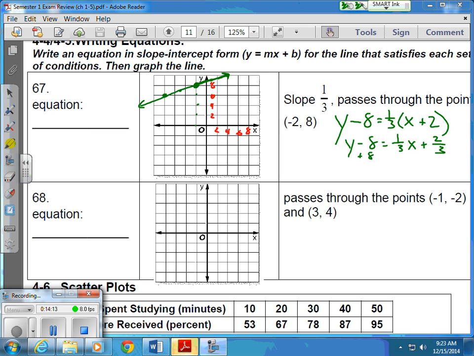And then I need to add 8 to both sides. Now when I add 8 over here, I'm going to get a common denominator. So instead of adding what looks like an 8, I'm going to add 24 over 3, which is the same thing as 8, but now I have a common denominator. That cancels, so y is equal to 1/3 x plus 26 over 3.